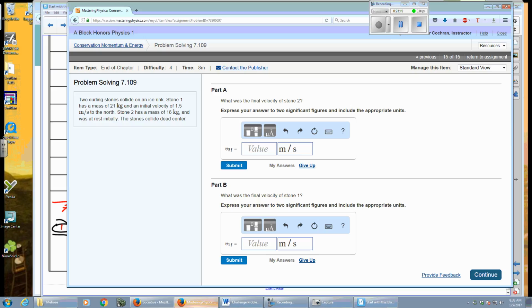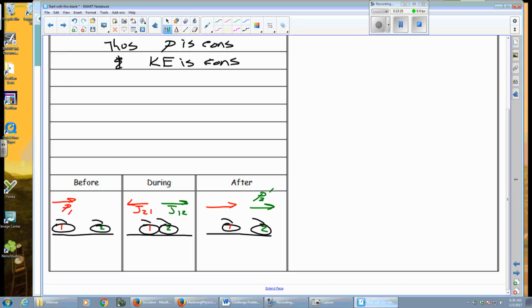How do their masses compare? 21 and 16. So I'm going to guess, and I may be wrong, that number 1 is going to keep moving forward. So when I set up my equation, I'm going to go under that assumption. If it was lighter, I would think it would bounce off. If it was the exact same mass, I would think it would stop. And if I'm wrong, I'll just get a negative sign on something where I wouldn't expect it. But I think I'm pretty good.